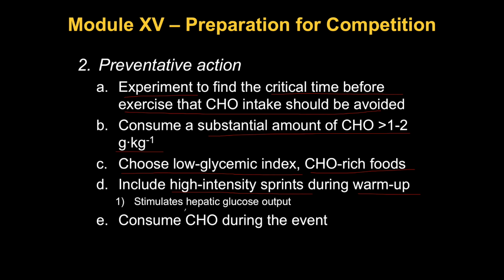The reason for this is that it's going to stimulate hepatic glucose output, so you'll perform liver glycogenolysis and release some of that glucose stored in the liver out into the bloodstream, and so that will help pad some of the glucose in the bloodstream and offset some of this effect. As well, consuming carbohydrate during the event would all be important preventative measures that we want to take in this particular athletic population.